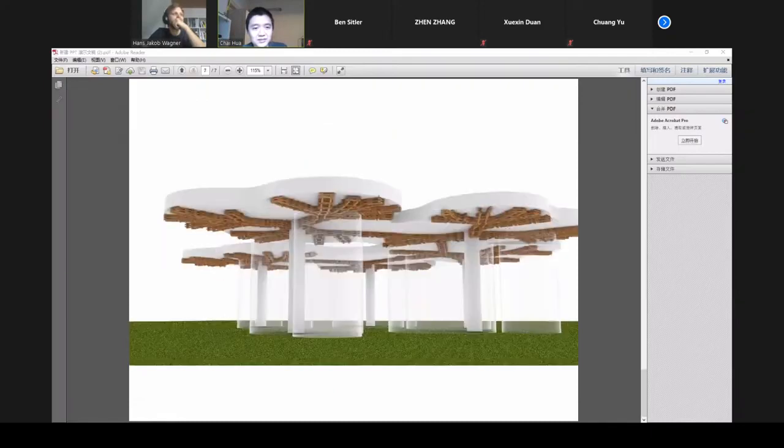I think you have such a thick slab, and you have very, very strong columns. And the beams look very small compared to the slab and column. Yeah, I get it. Okay, we will check it. We will check the parameters about it.